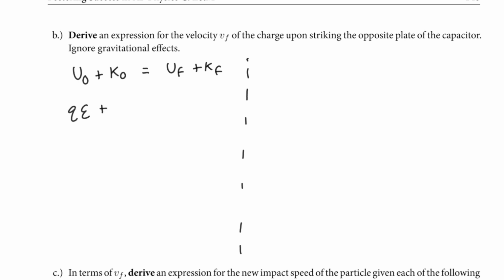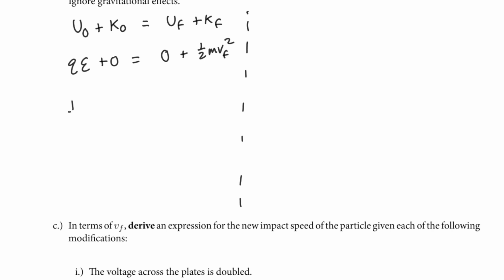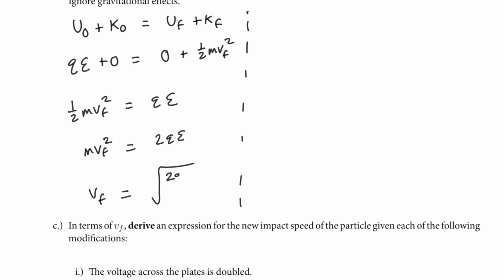So initially our potential was Q epsilon, we had 0 kinetic, and at the end we had 0 potential, and 1/2 mv squared for kinetic. So then we just solve 1/2 mv squared equals Q times epsilon, so multiply by 2. So we'd get m v_f squared equals 2Q epsilon. So v_f would be, divide by m and take a square root.